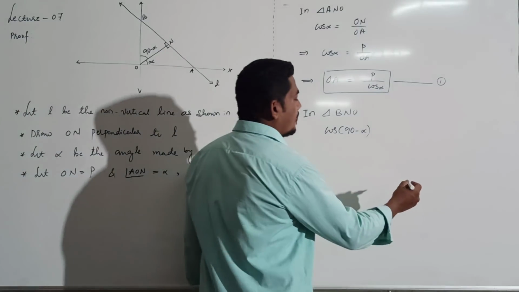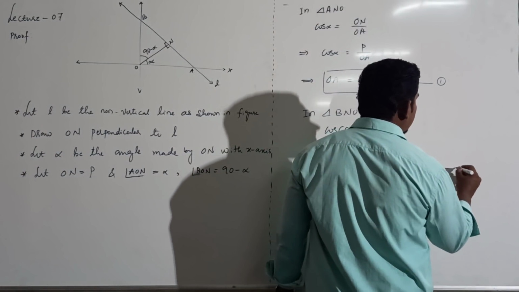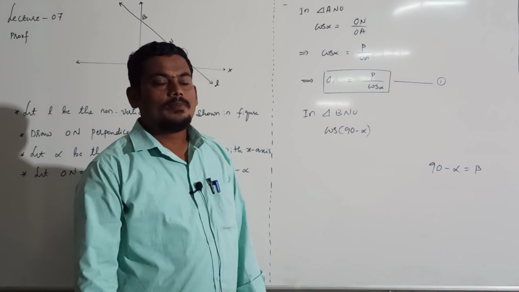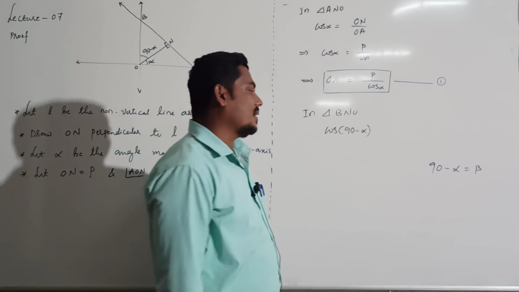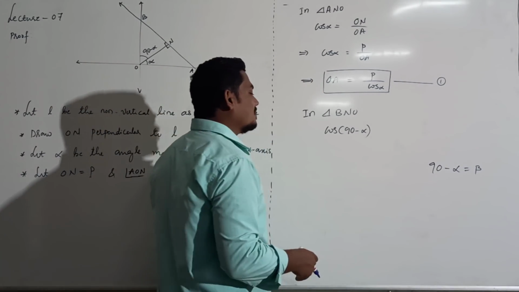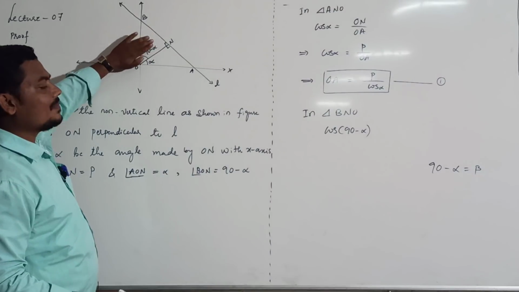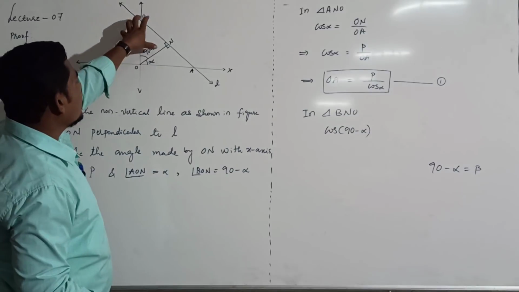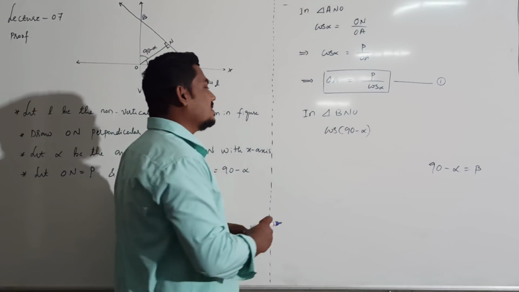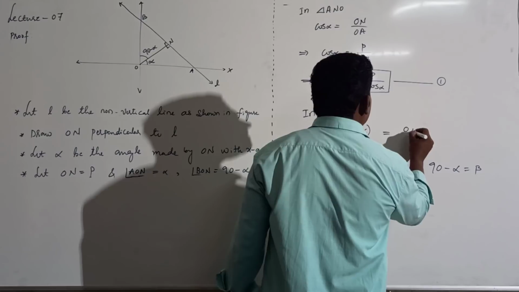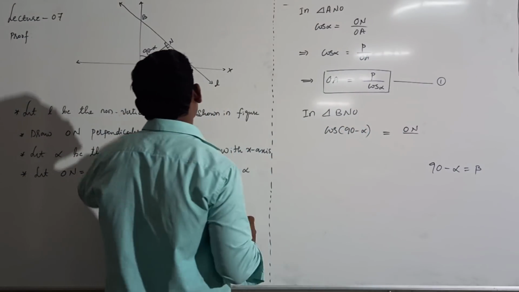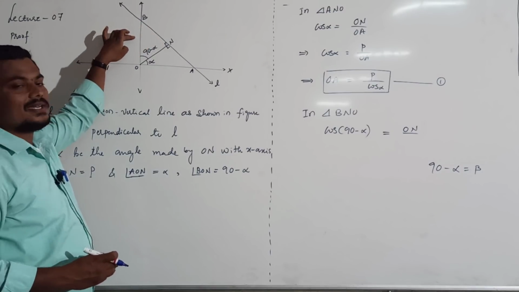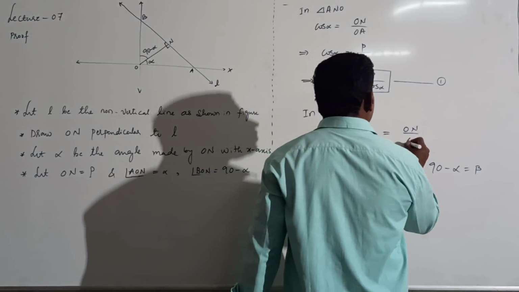If you take 90 minus alpha equal to some other value beta, or any other alphabet, then what is cos beta? According to the definition, cos is adjacent side divided by hypotenuse. Which one is the adjacent side? Again ON is the adjacent side, but what is the hypotenuse side? OB is the hypotenuse, the side opposite to 90 degrees.